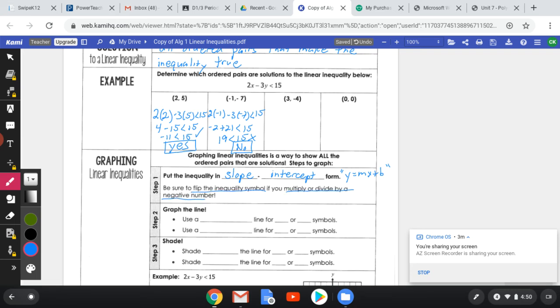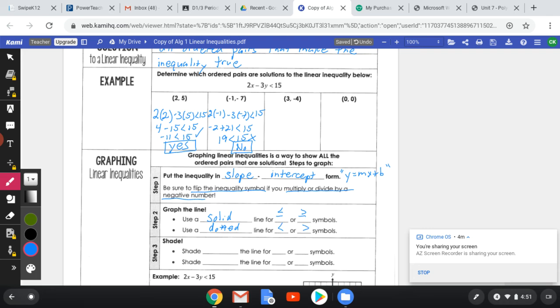Then the next part is to graph the line as you would for y = mx + b. Here's where it's a little bit different. You can have the normal solid line when the inequality symbol has those little lines underneath it, remember those little lines being equal to. But you can also have a dotted line when the inequality symbol doesn't have anything underneath.